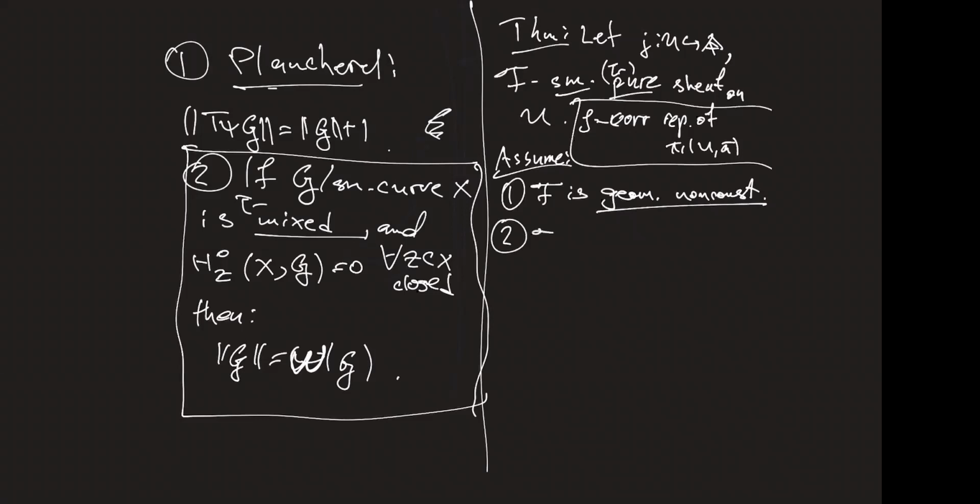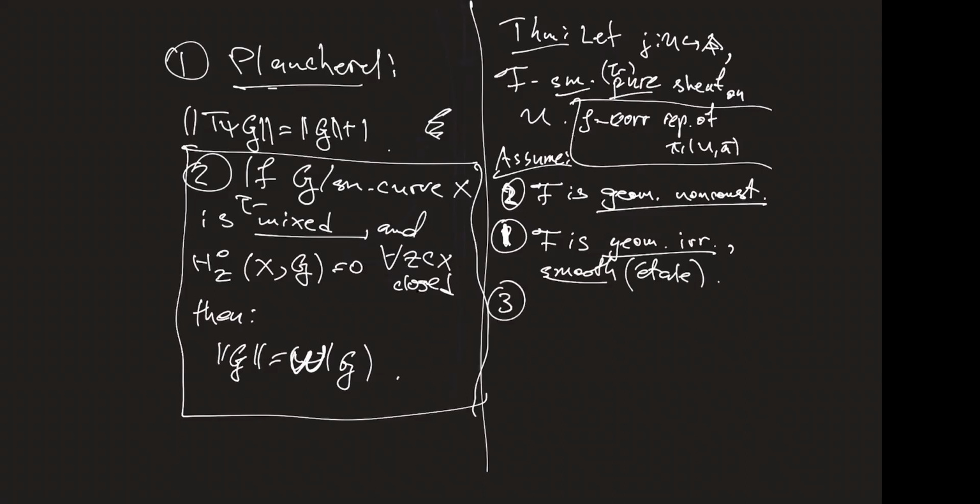So 2 was that F is, wait, sorry, I'm doing a very bad thing. So 2 is going to come before 1. And 1 is geometrically reducible. And you can even assume that it's étale, not that it's going to matter, I think. You should correct me if I'm wrong, but we can assume this in any case, so you might as well.